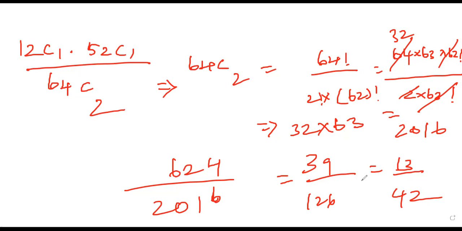What was the question? The question was: what are the odds none of these friends will play against each other in the first round of games. None of these friends will play against each other, which means you will subtract this from this. Why? Because the question is about not playing.